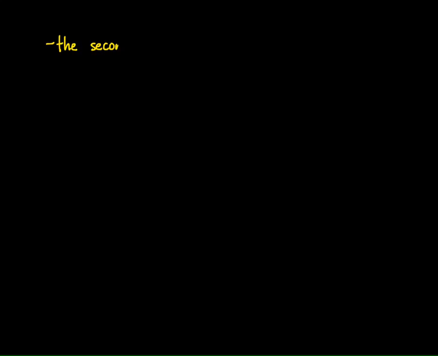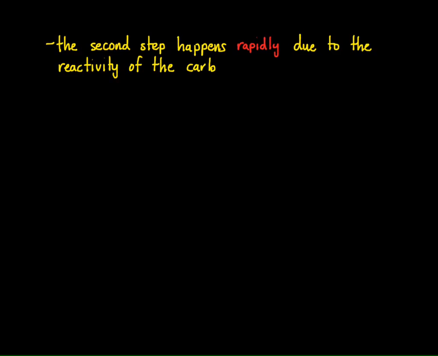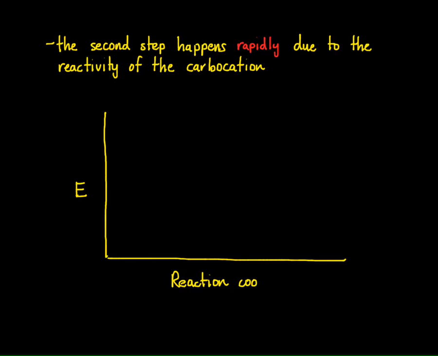The second step, what's happening there? Well, it happens rapidly because the carbocation is very reactive. It is a strong electrophile, so it's seeking electrons. And where is it going to get the electrons? Again, we can plot an energy diagram where energy is the y-axis against our reaction coordinate.